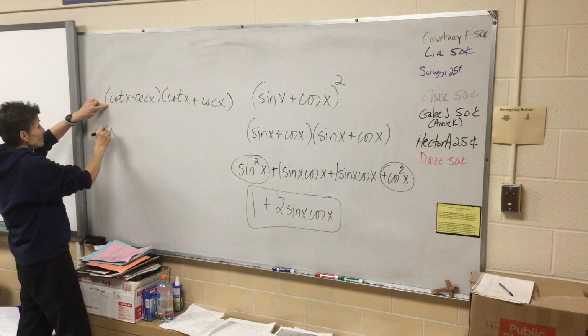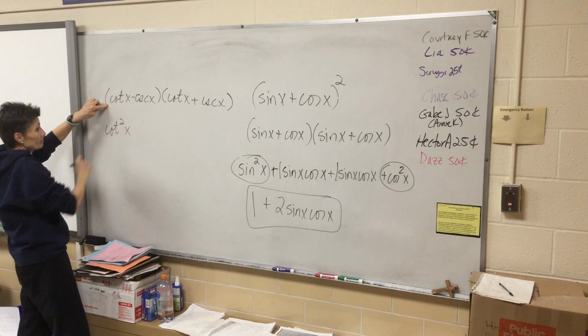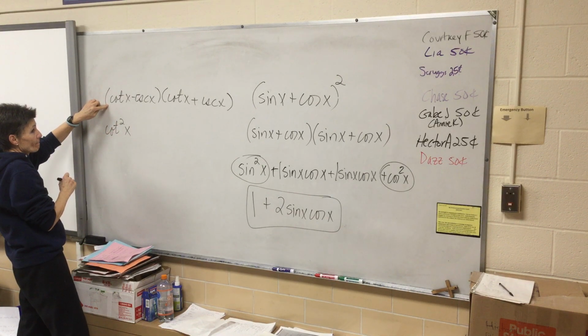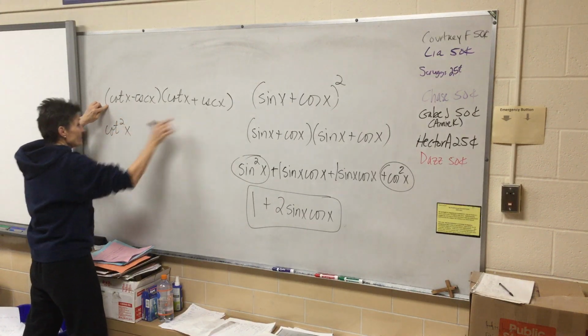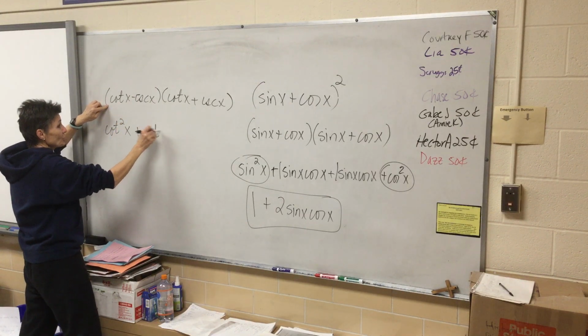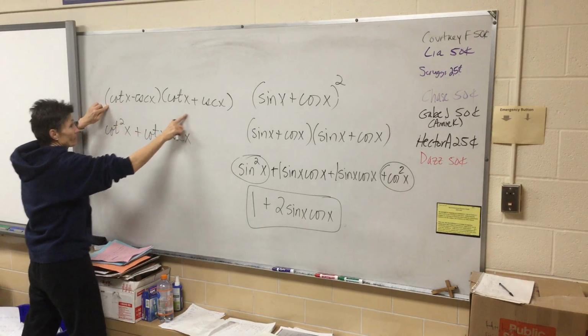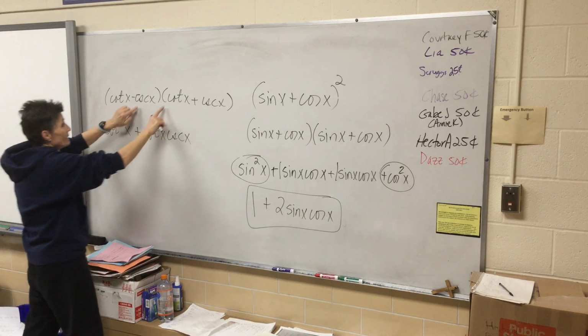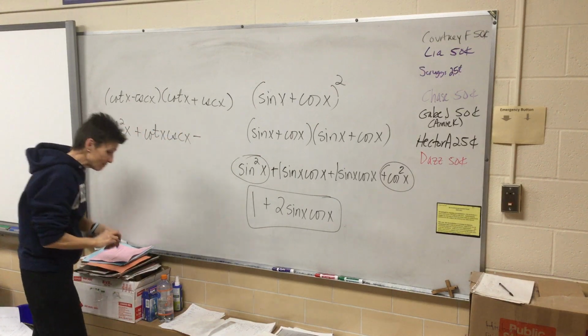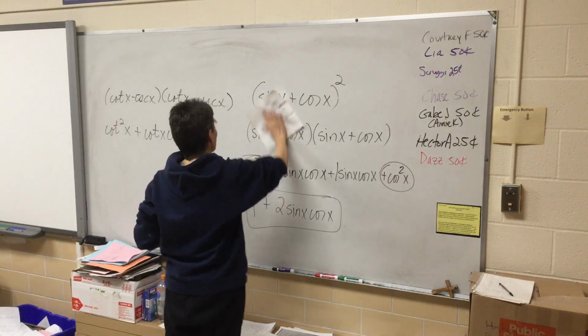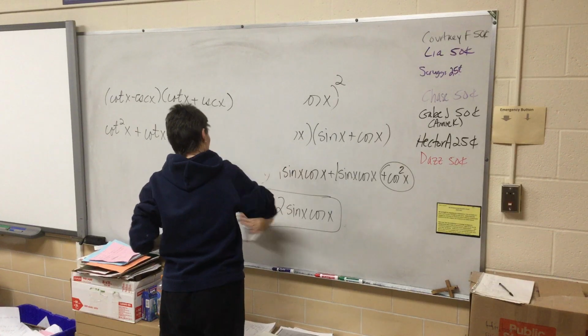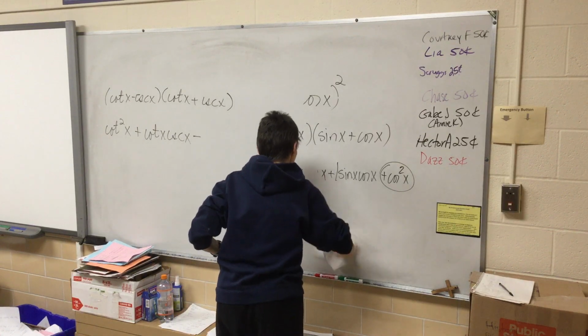So I'm going to get cotangent squared. Outsides will give me cotangent cosecant. Insides will give me the same thing, but this time it will be negative. Does everyone see that?